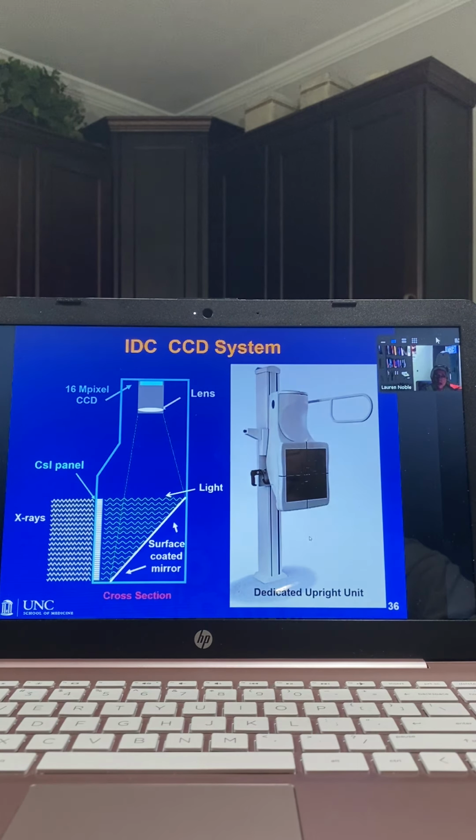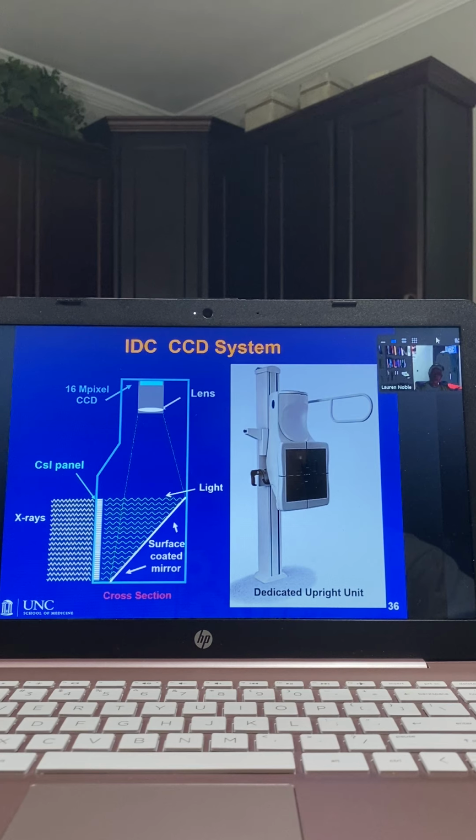So let me show you an example. This happened to be, the corporation was called IDC, and this was a CCD system. This was the first CCD detector basically on the market for diagnostic imaging. And believe it or not, there is only one CCD chip in this detector.